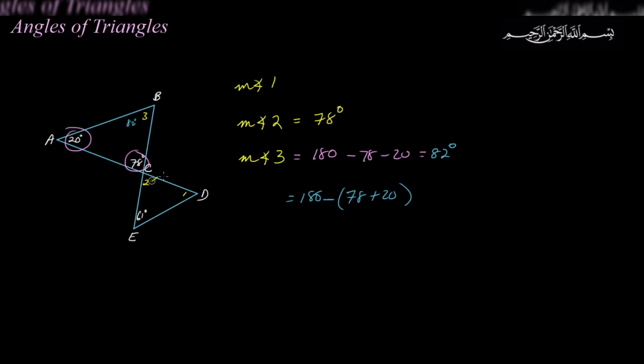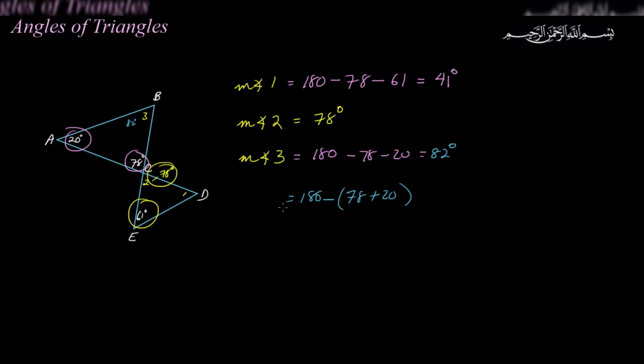Now we know this angle, and then we can find angle 1, which is going to be 180 degrees, and you subtract from it 78 degrees, and then you subtract again 61 degrees, and you get 41 degrees. And that's it. That's easy peasy, right?